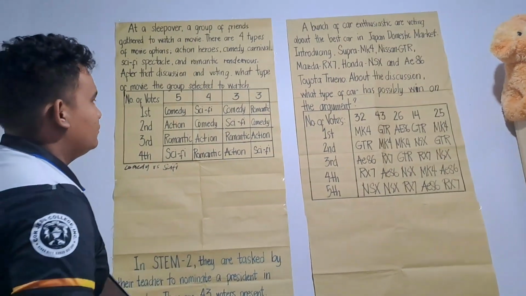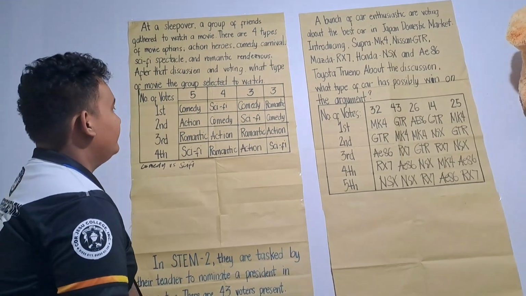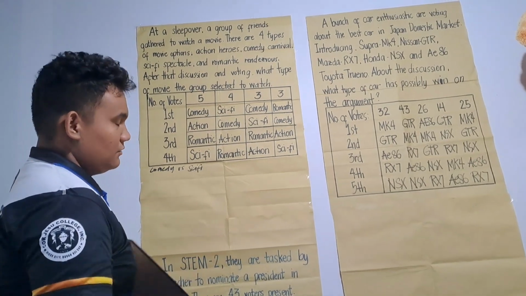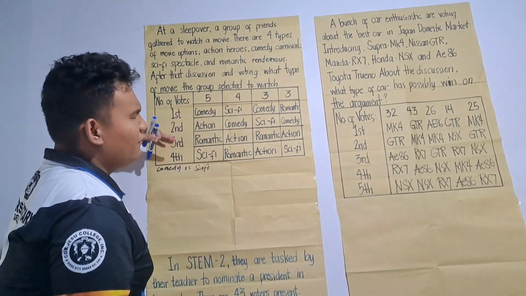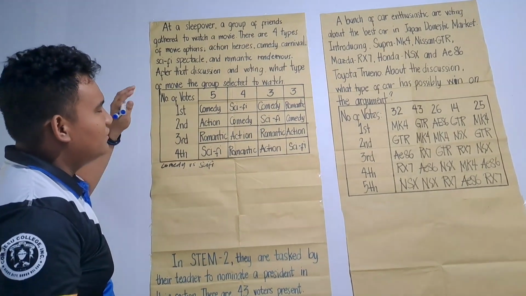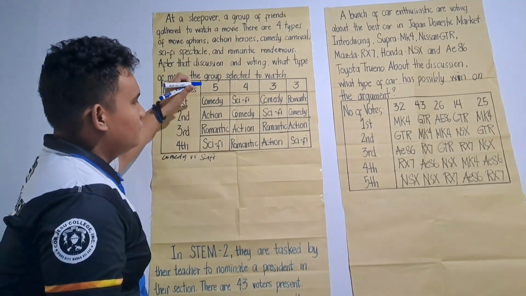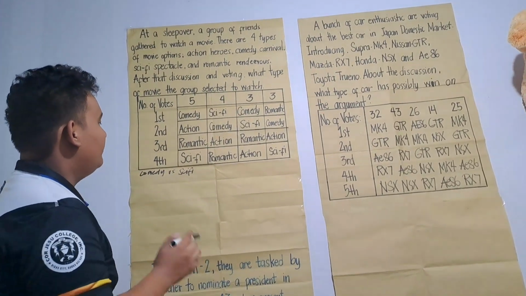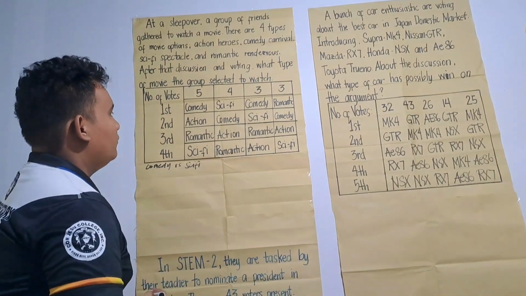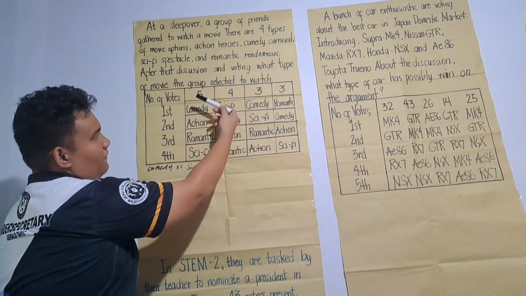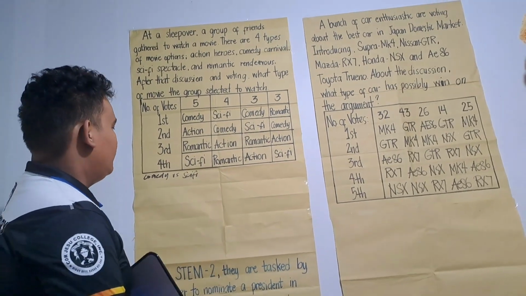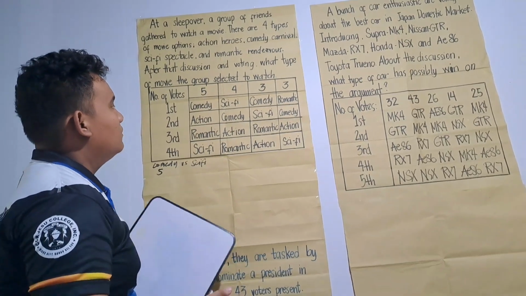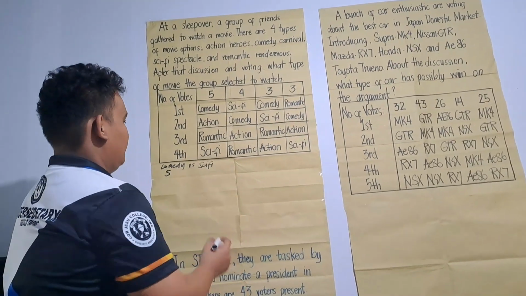The same process, we'll be looking at the preferable type of movie in each voting. So comedy and sci-fi match up. So in the first column, 5 voters pick comedy. So comedy has 5. Then in the second column, 4 voters choose sci-fi.